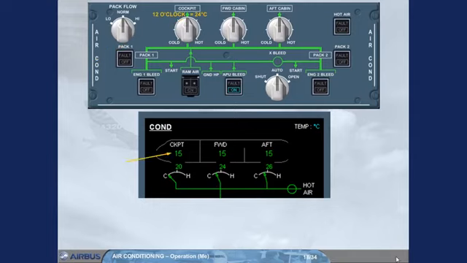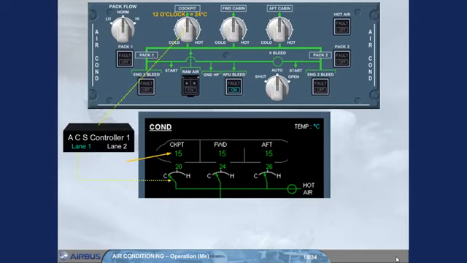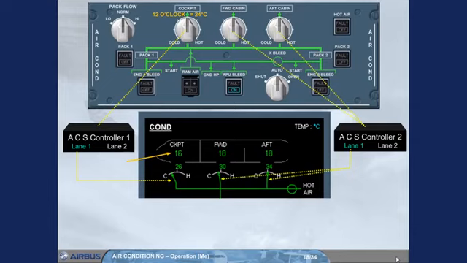As the 15 degrees Celsius of the cockpit zone is well below 24 degrees, the related ACS controller sends a command to increase the amount of hot air to be added. Note: the cockpit trim air valve is controlled by the active lane of the ACS controller 1, and the forward and aft trim air valves are controlled by the active lane of the ACS controller 2.